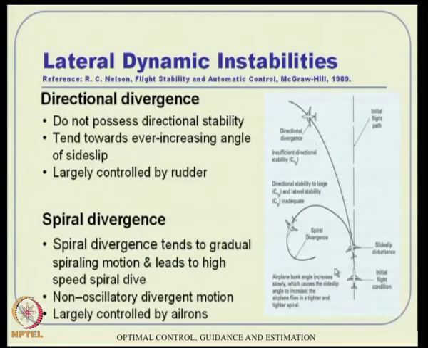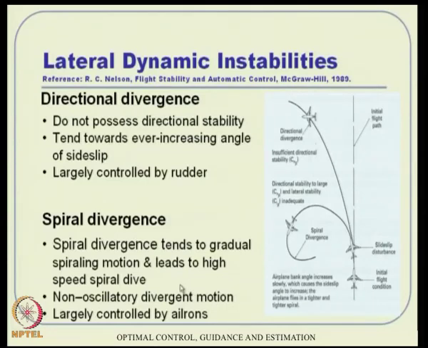If that is not stable, then it will excite a spiral mode. That means the radius of curvature becomes very small fast, and it also loses height and ultimately crashes. Directional divergence is not that bad; if it is not controlled in time, then it will lead to further bad things. But spiral divergence is even worse from the beginning itself, because this spiraling action gets amplified very quickly.